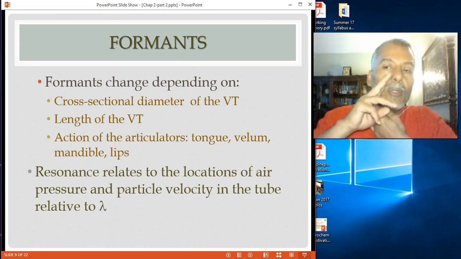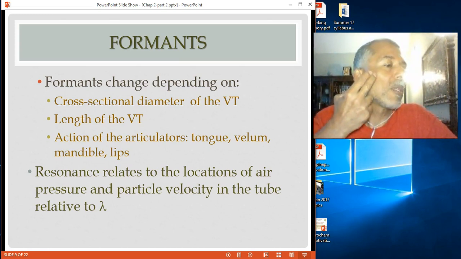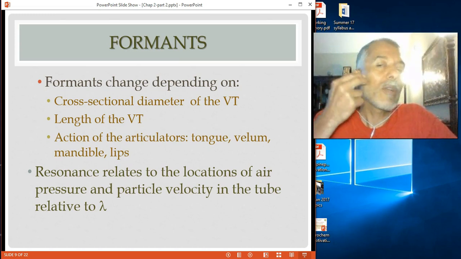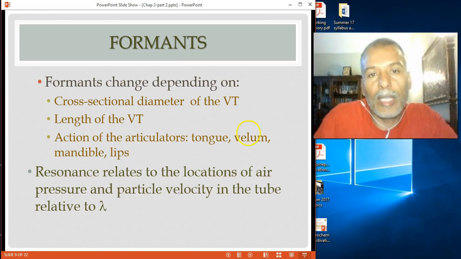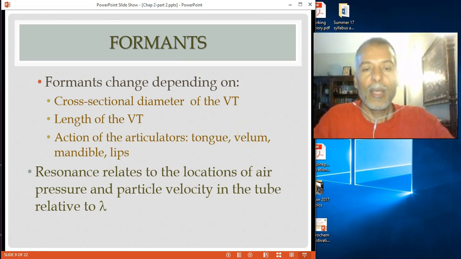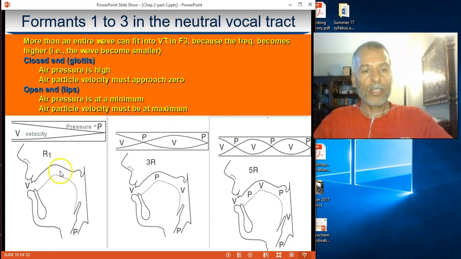The second formant is going to occur just near the alveolar ridge. The third formant is going to occur just around the area where you say ka and ga. Just because of the shape of the wave, as it reaches these locations, it takes a certain shape.